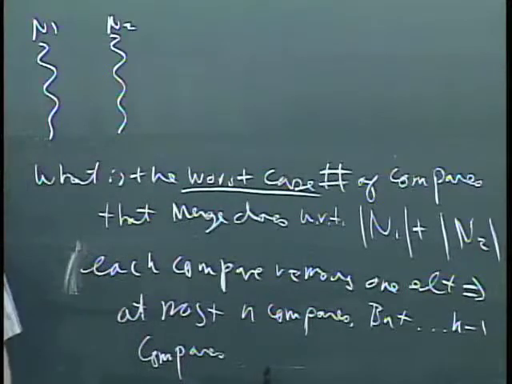Now I want to analyze the time for the whole merge sort algorithm. And we already did correctness. Essentially, last time we argued that this algorithm is correct, this algorithm is correct, that algorithm is correct.